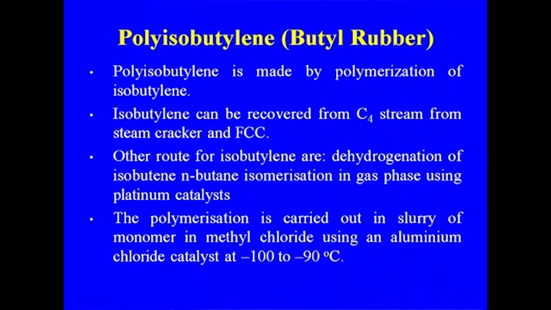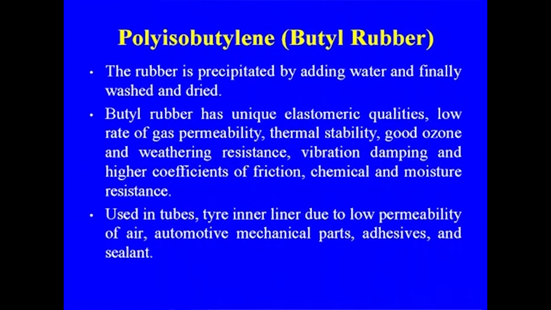The polymerization is carried out in a slurry of the monomer in methyl chloride using an aluminum chloride catalyst at minus 100 to minus 90 degrees. The rubber is precipitated by adding water and finally washed and dried.